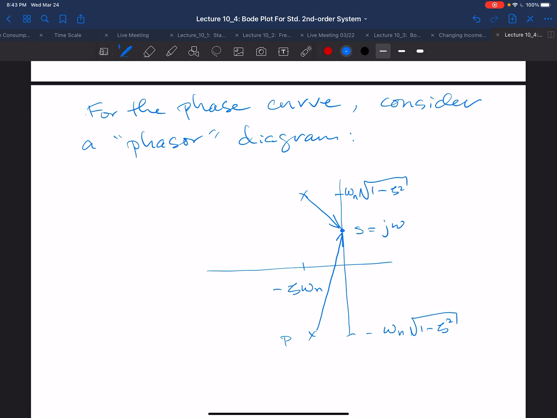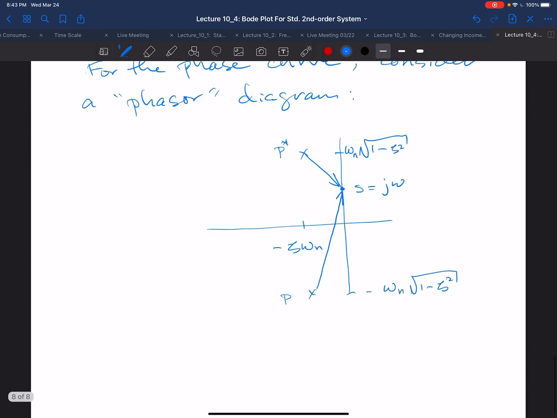Call this p if you like, and this p star the complex conjugate of p. Then s minus p and s minus p star are the two factors of the denominator of the transfer function. But in this case, we're considering specifically values of s of the form j omega, so we're interested in points s equals j omega on the imaginary axis of the complex plane.